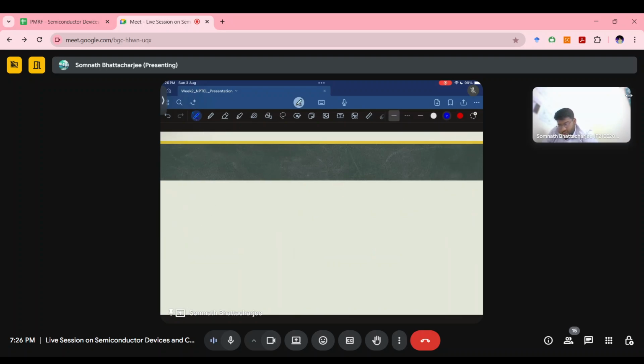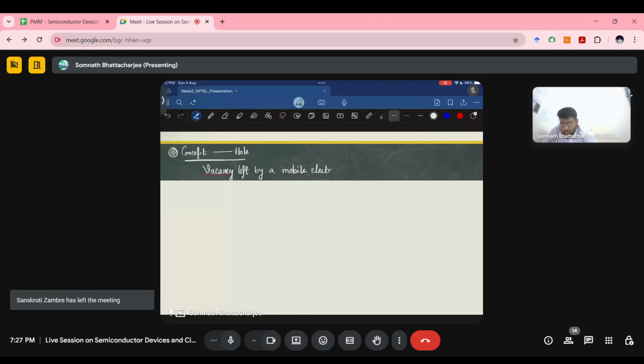Then we have learned about this concept called hole. So what is a hole? Hole is nothing but a vacancy left by a mobile electron. Okay.